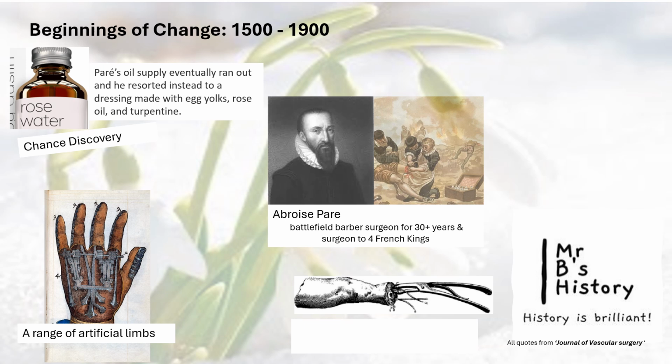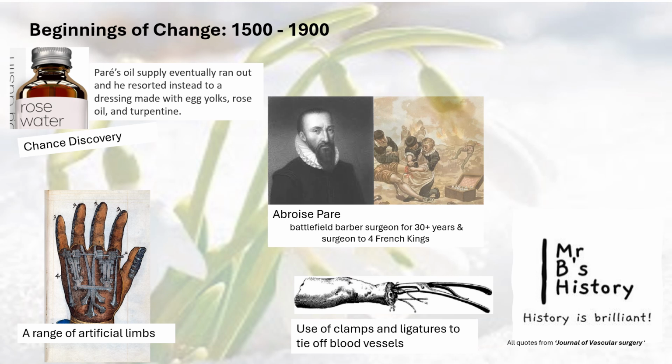He designed a way or discovered a way of, after the limb had been amputated, to clamp the blood vessels and tie them off with really fine pieces of thread called ligatures to stop blood seeping and people dying of blood loss. One of the things I didn't mention is the reason why you've got all these new techniques is because you've got a new way of killing and hurting people.